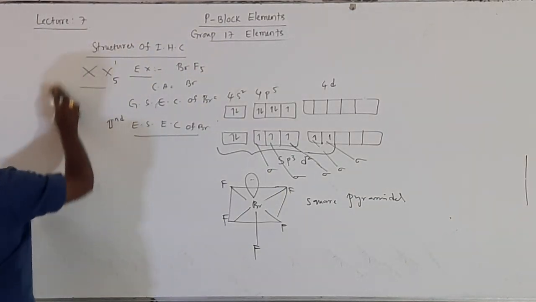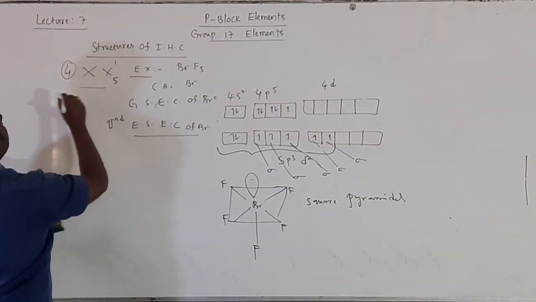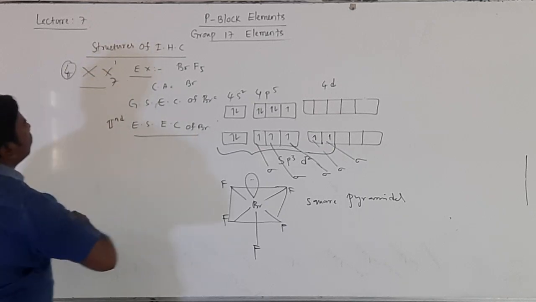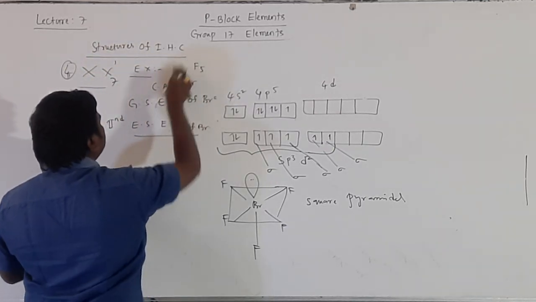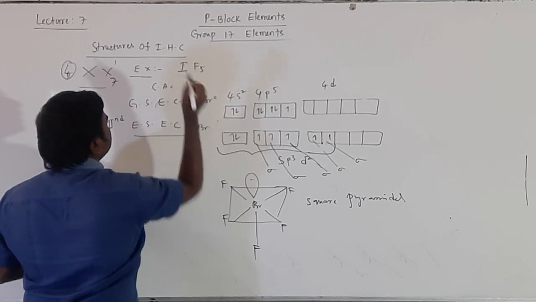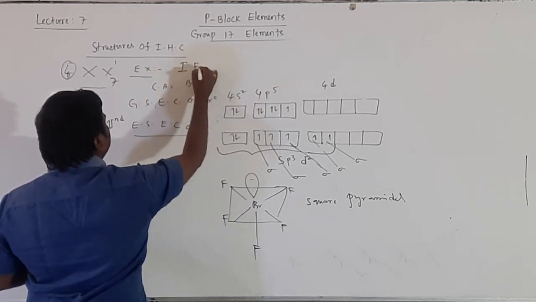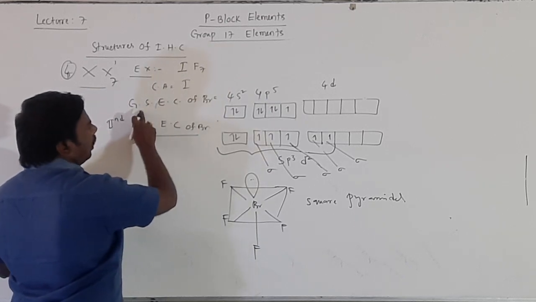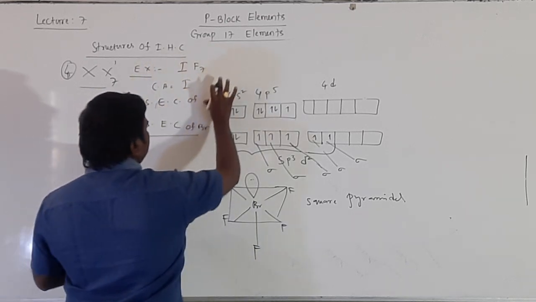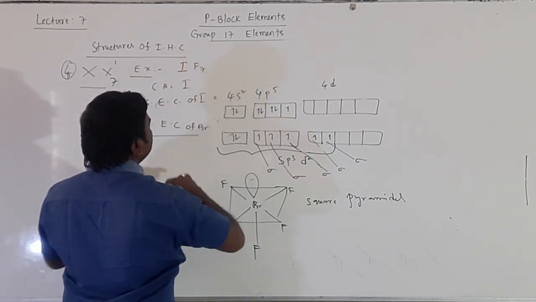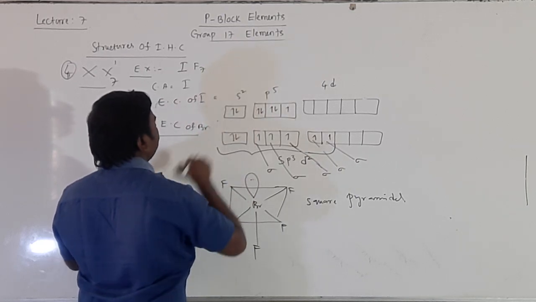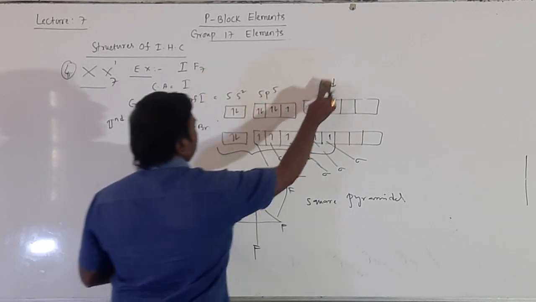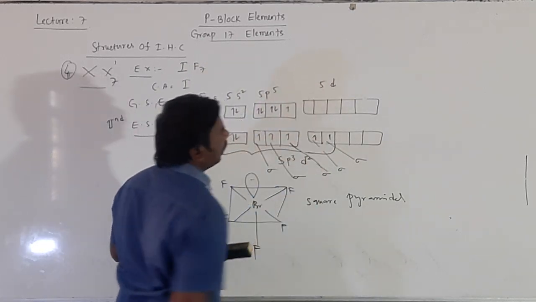Next, the fourth one is XX'7, example is IF7. Central atom is iodine. Ground state electronic configuration of iodine is 5s2 5p5 and 5d, empty in the ground state.